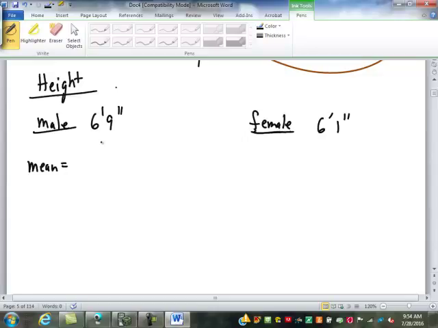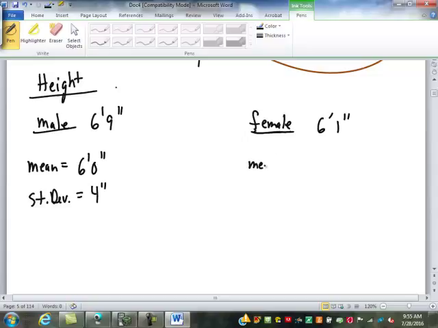Let's say now we're not looking at the mean of all males, we're looking at mean height of male basketball players in high school. Let's say the mean is 6'0" with a standard deviation of 4 inches.